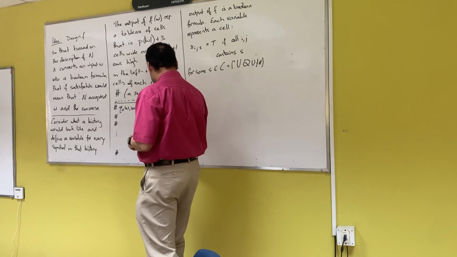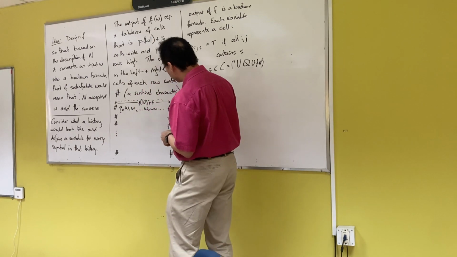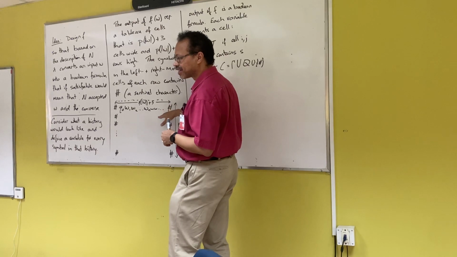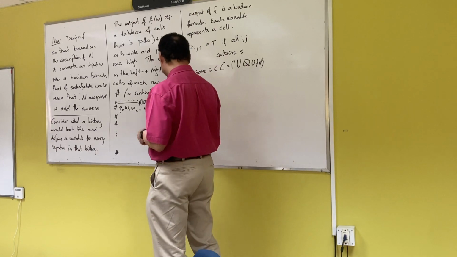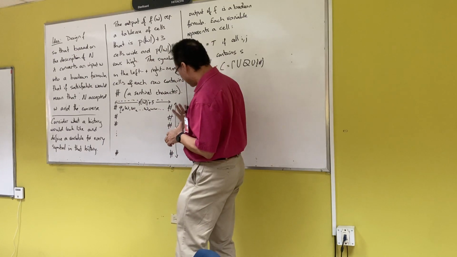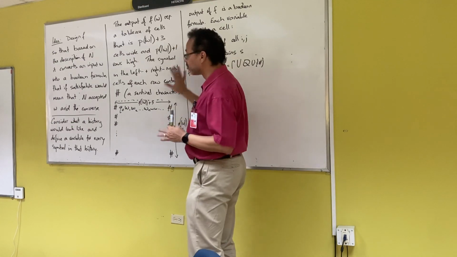And this height is at most P of W. I said plus 1 because you start here, maybe you can take P of W steps, so you're going to have one more row at the bottom. Right, so that is the picture we're trying to form, trying to represent that with a Boolean formula.